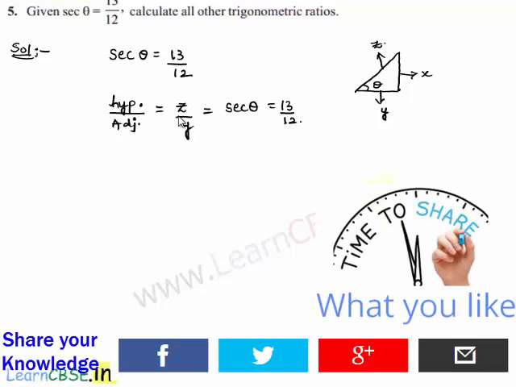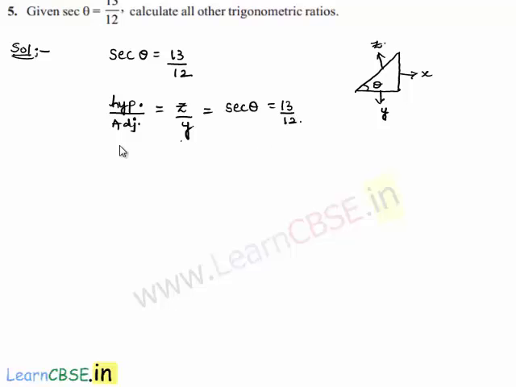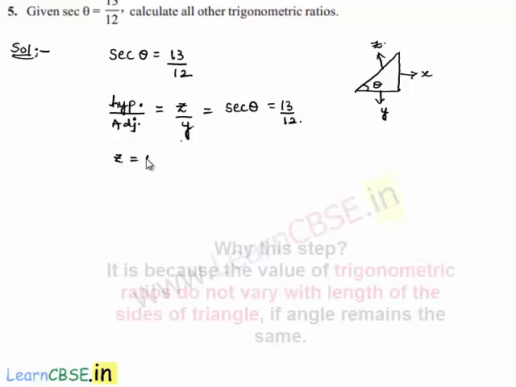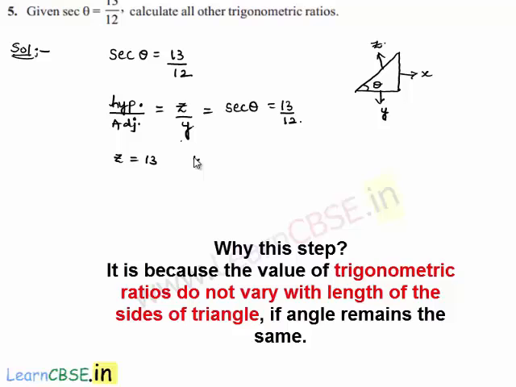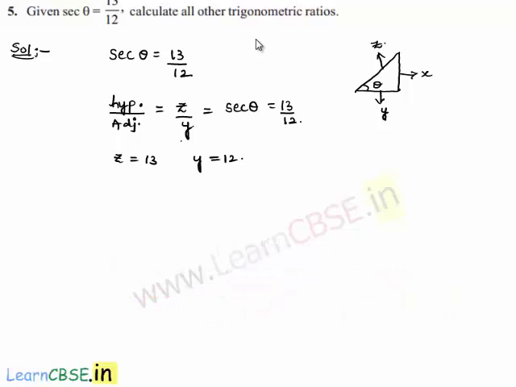Therefore, as z by y is equal to 13 by 12, let us assume that z is equal to 13 and y is equal to 12 in the simplest form. Now in order to find all other trigonometric ratios, we need to find the other side, that is x.